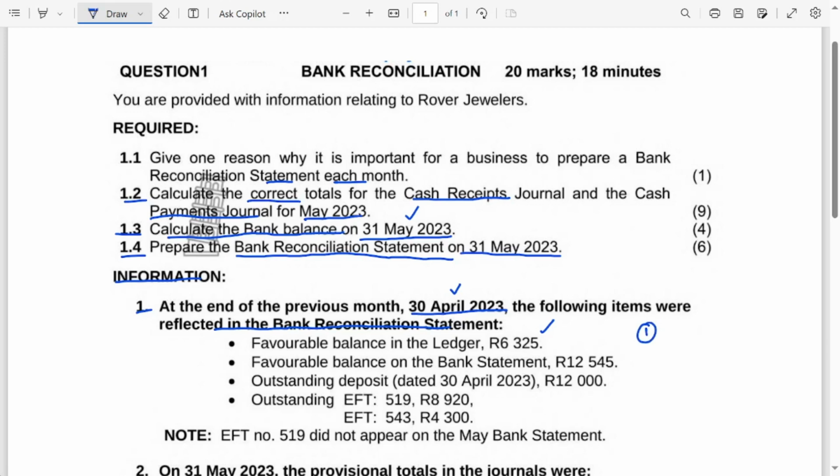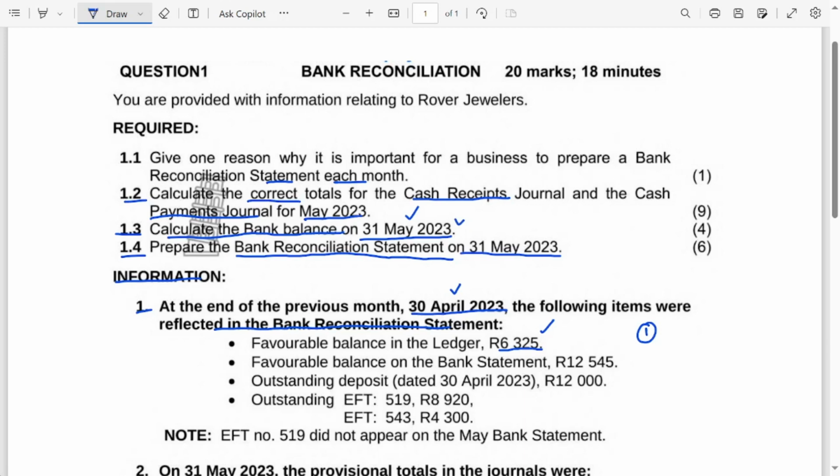So what I'm trying to say is this: the opening balance of the bank account, you take it from the previous month bank reconciliation. Meaning that this 6,325 we are going to use here in 1.3 as the opening balance for May.